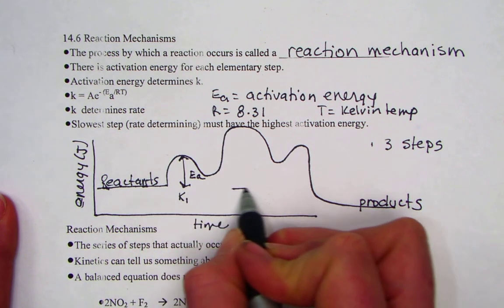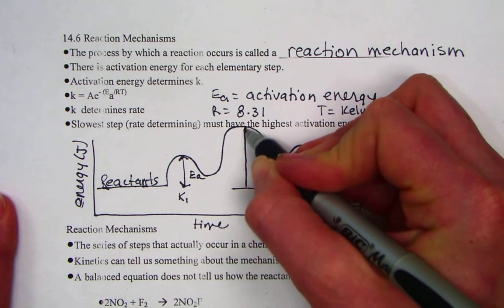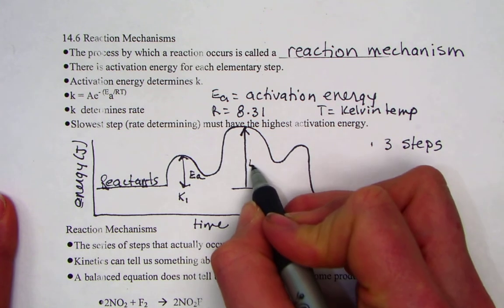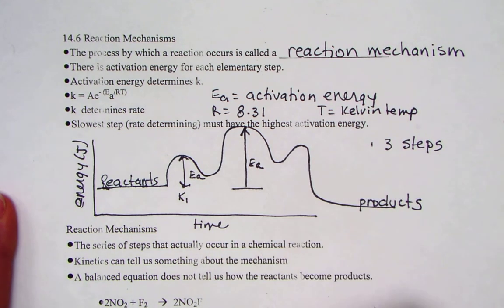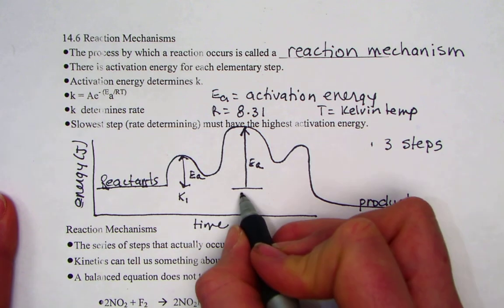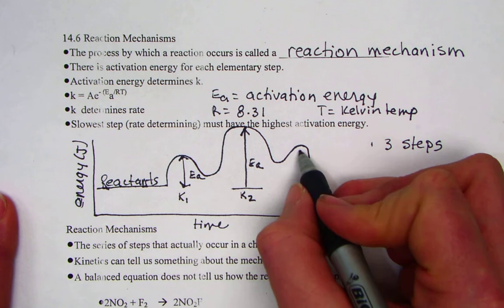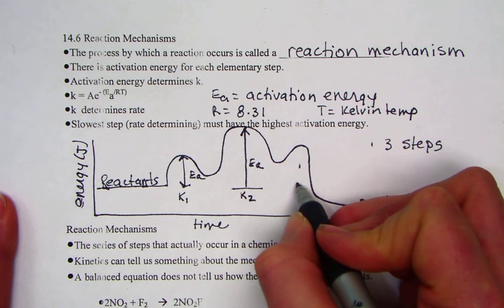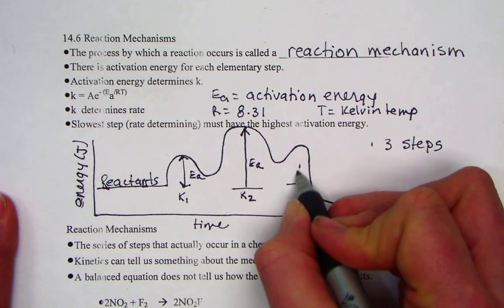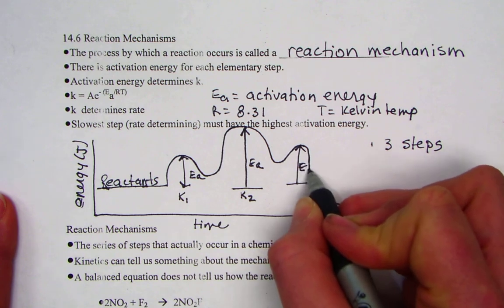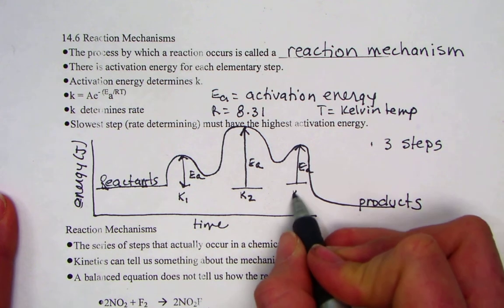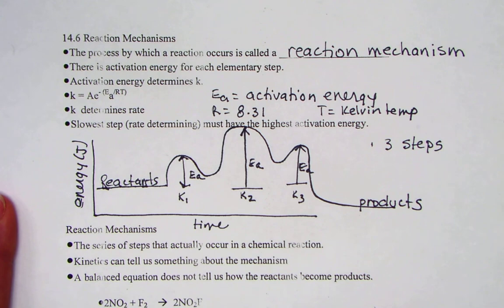From the reactants all the way to the top of the second energy barrier, we would have the activation energy for the second elementary step, and this would have a rate constant known as k2. And again, in the third elementary step, we would have a third value of the activation energy and a third k value for that third elementary step.